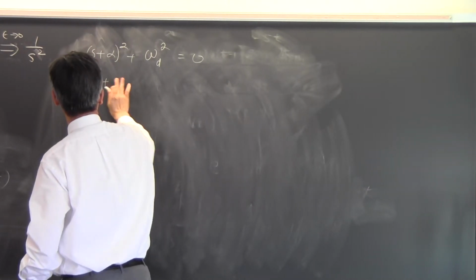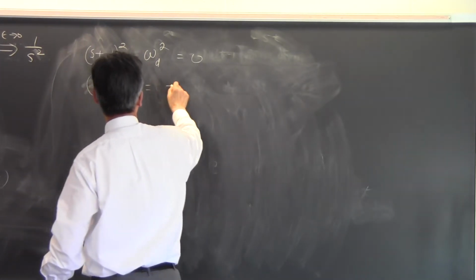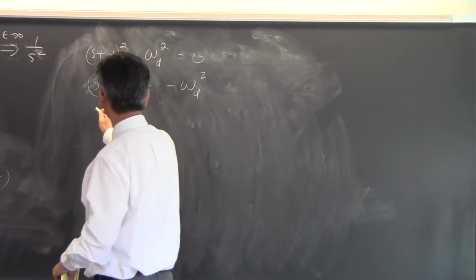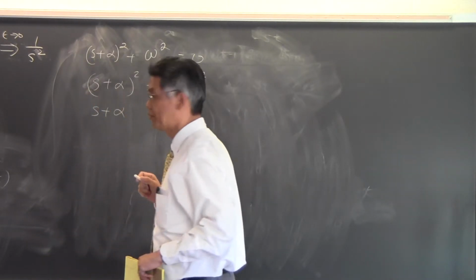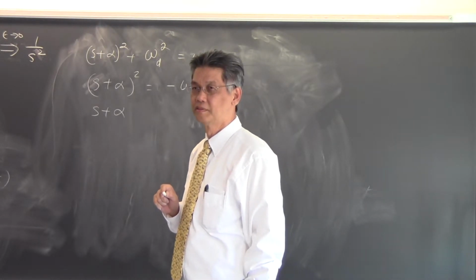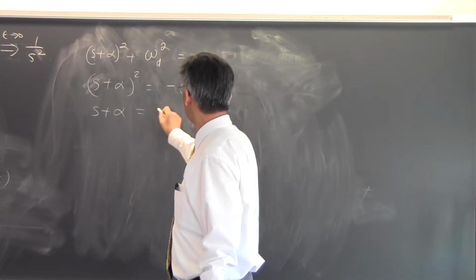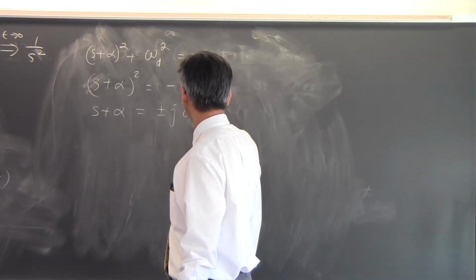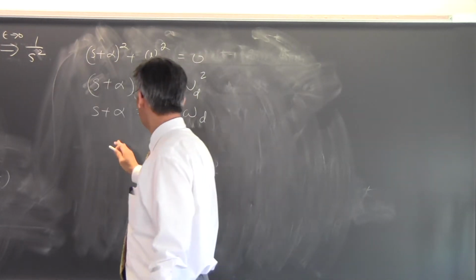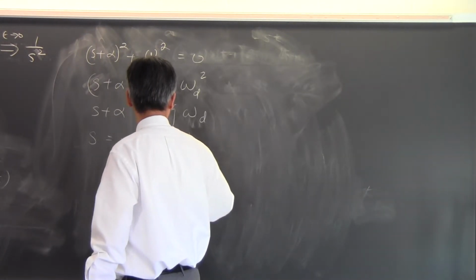So you get (s plus alpha) squared equals minus omega d squared. You take the square root of this. What do I get when I take the square root? I get plus or minus j omega d. And hence s is equal to minus alpha plus or minus j omega d.